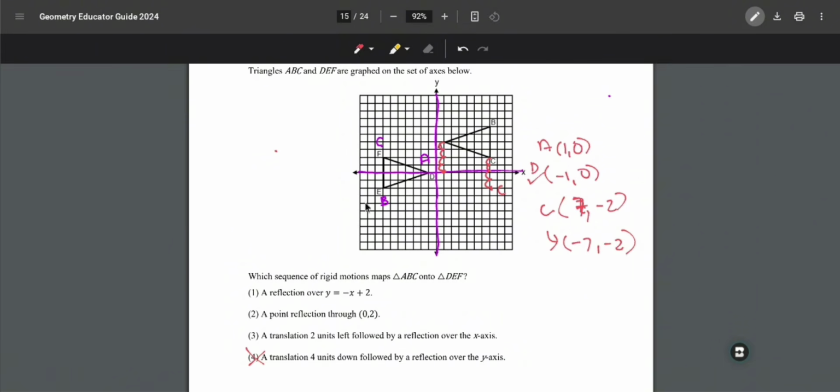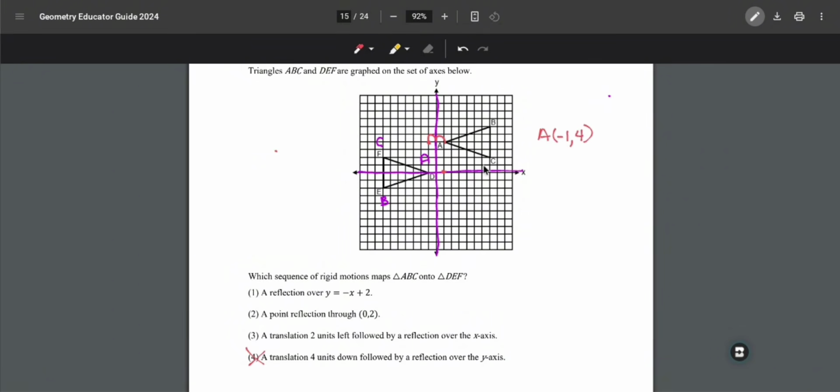Now, 3 says, let me just erase everything here. We have a clean slate. So, choice 3 says a translation 2 units left followed by a reflection over the x-axis. So 2 units left, 1, 2, I'm going to end up right here, at negative 1, 4.